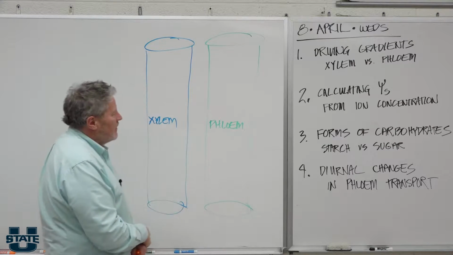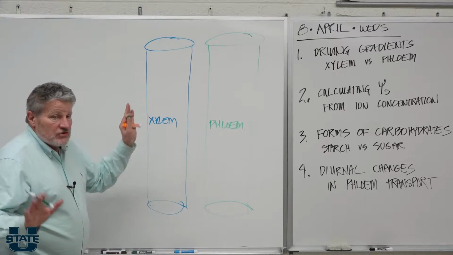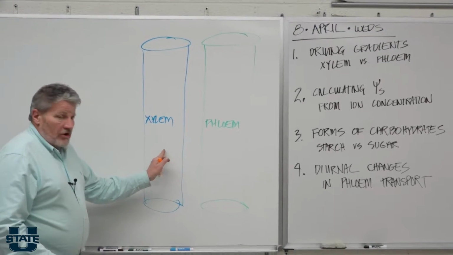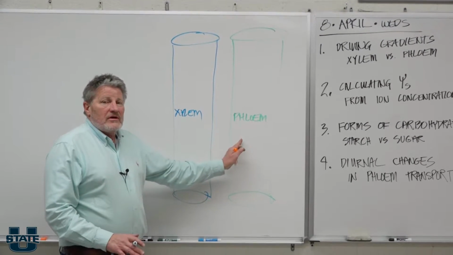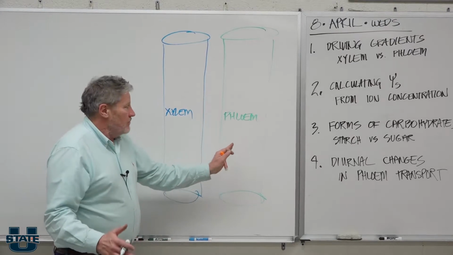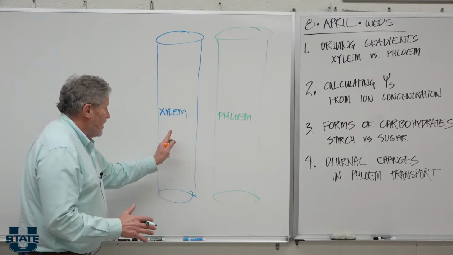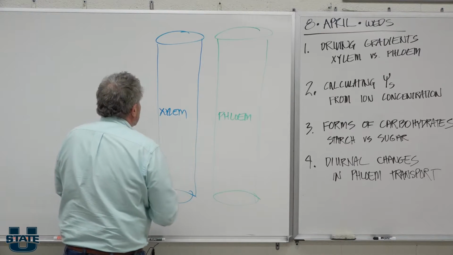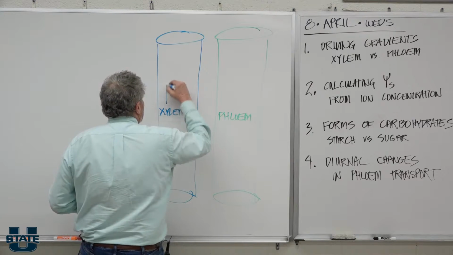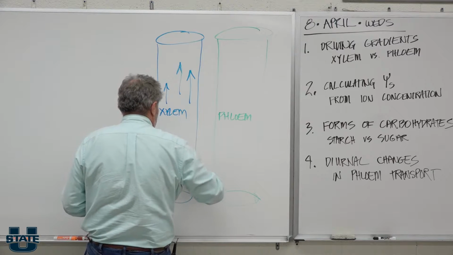Now, why did I draw this one green and this one blue? No, it wasn't random. Water moves in the xylem and syrup moves in the phloem. This is very dilute and high velocity, so if I put some numbers on here, this is a whole bunch of arrows going up.